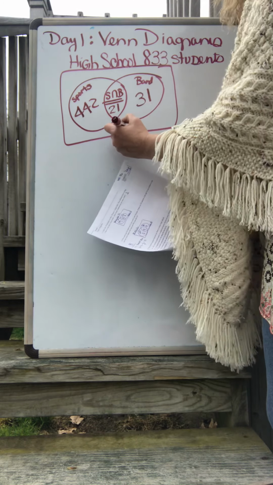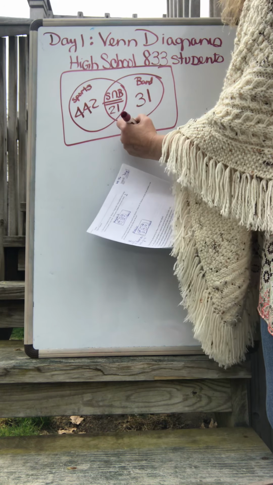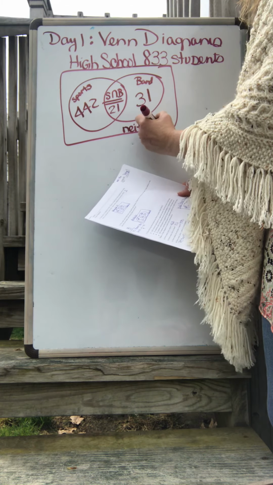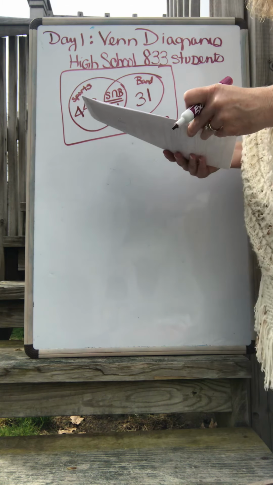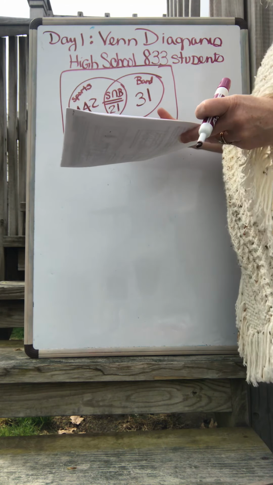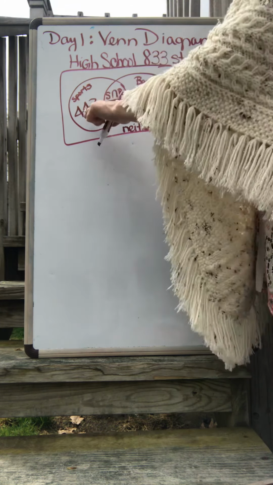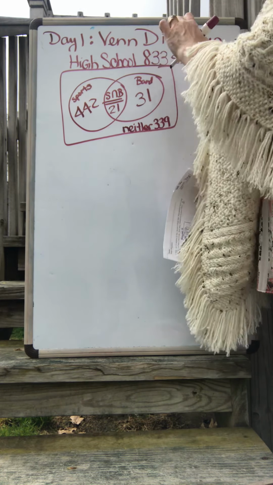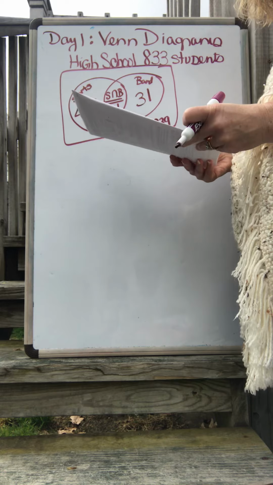So here's my neither. So did you set up your Venn diagram right? And if you add up 442, 21, 31, 339, you're getting back to 833 because that's the universal.